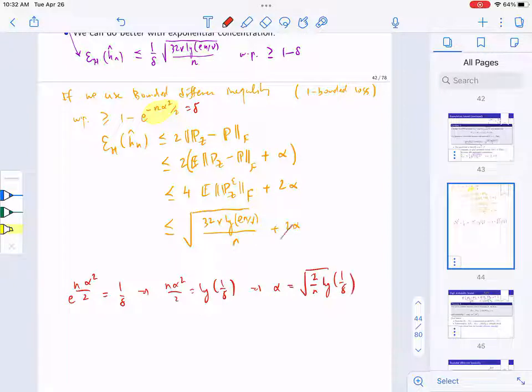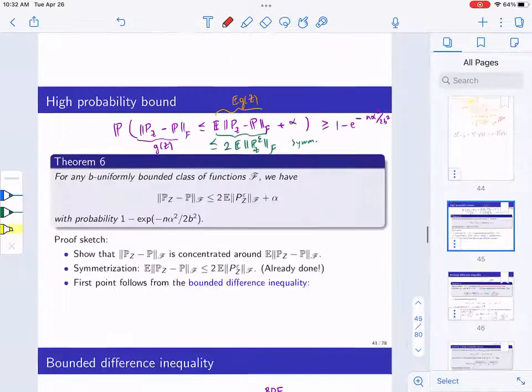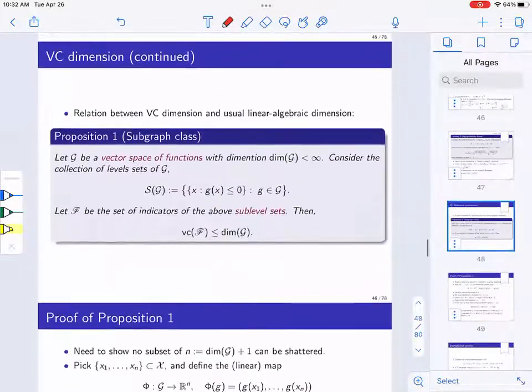If I plug in here, I would get root 8 over n log 1 over delta. You can see the dependence on delta is log 1 over delta. So the result is that the excess risk, with probability 1 minus delta, is bounded by this plus root 8 log 1 over delta over n. So this is quite a nice result.